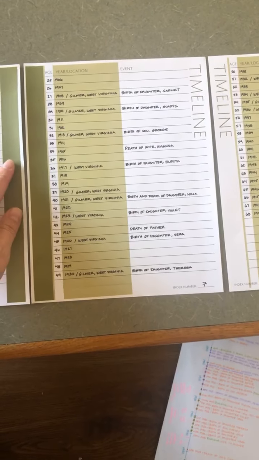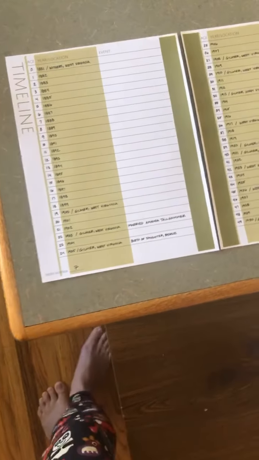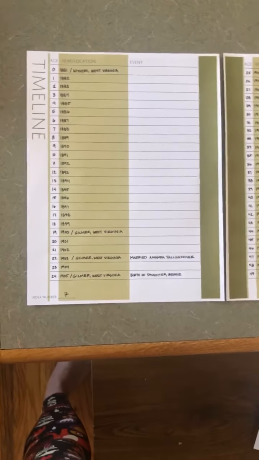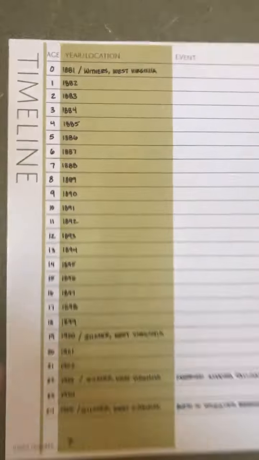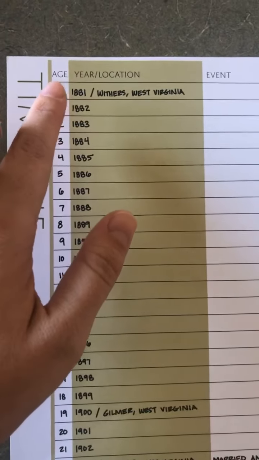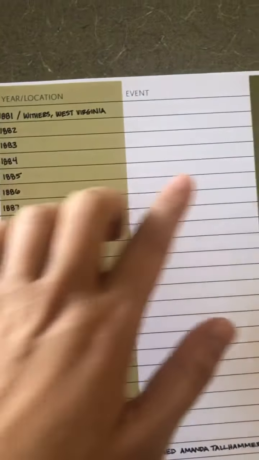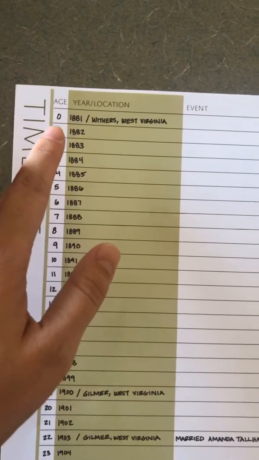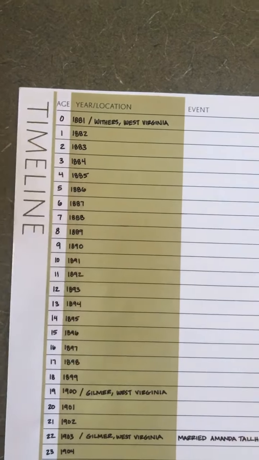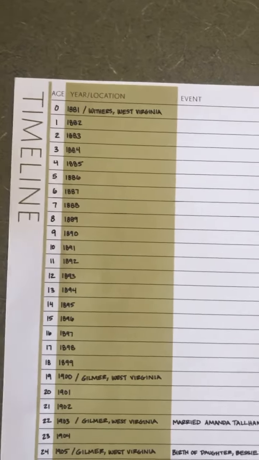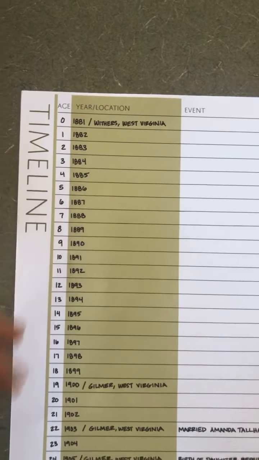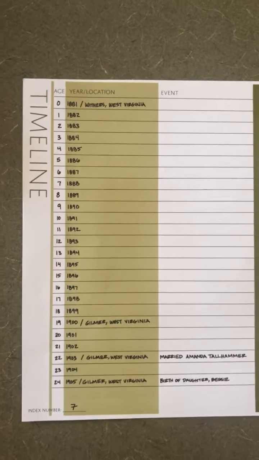Okay, so this is the timeline page series that I made for John Queen. Now, the timeline page has places for the age, year, and location and the event. I make timelines for my ancestors using their birth and death dates, and I just go in and do 1 line per year. Now, you don't have to do it this way.